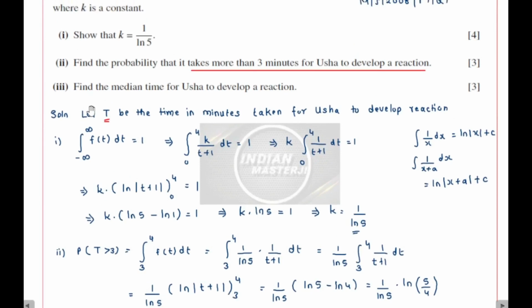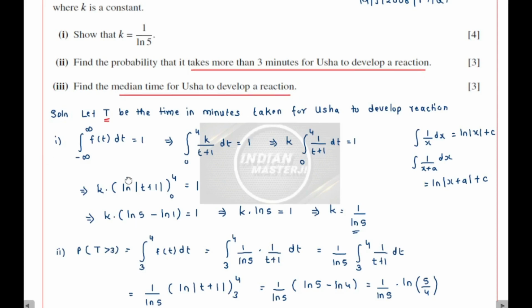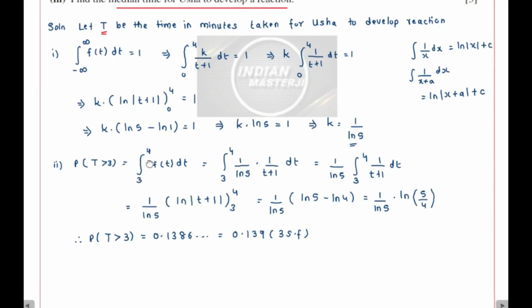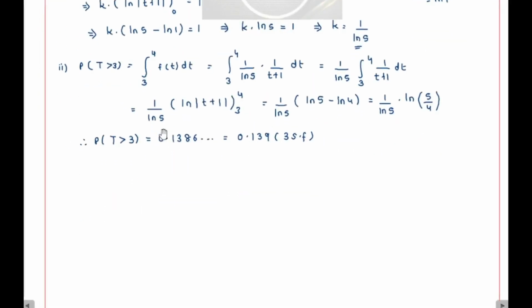What is the third part of the question? They are saying find the median time for Usha to develop a reaction. Now what is median? It is that value of T to the left of which the area under the curve is 0.5, correct? Or median is that value of T which divides the area under the curve of f of T into 2 equal parts, correct?